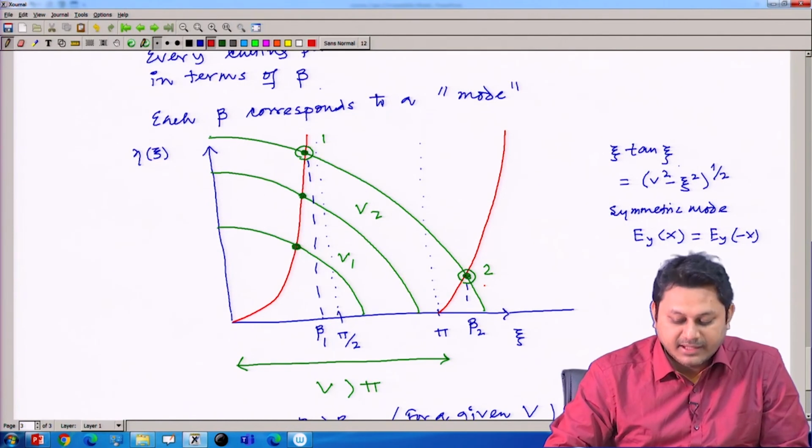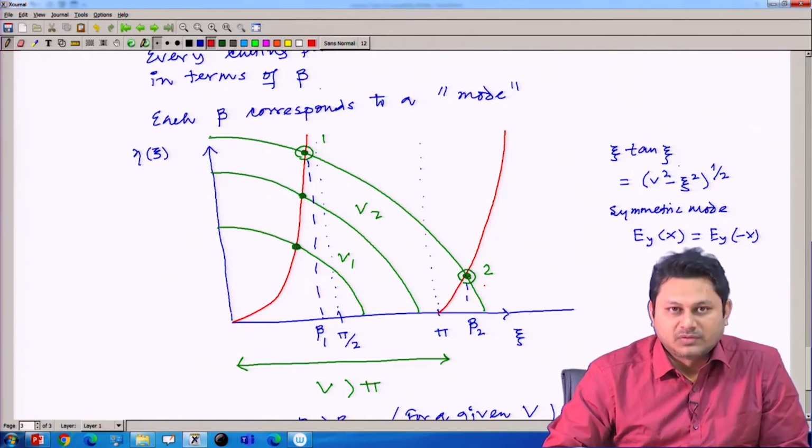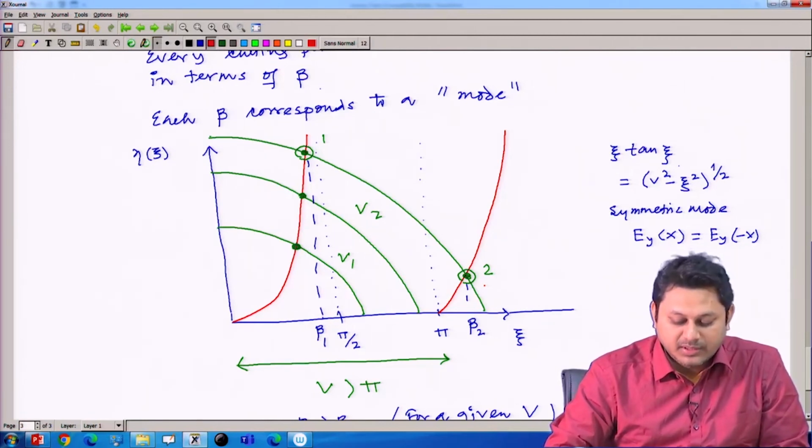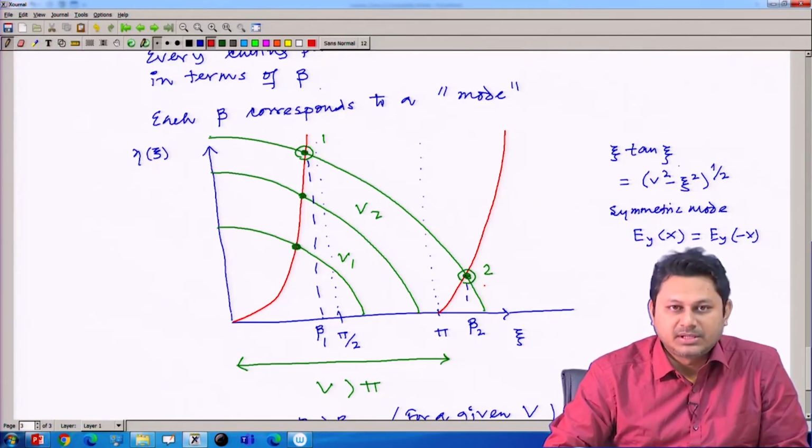As soon as I have another solution, that means the waveguide is now allowing not only one mode, but another mode also, but the value of beta 1 is always greater than beta 2. So, there is a fundamental mode for which beta is maximum, and then I have other higher order modes with reduced values of beta.